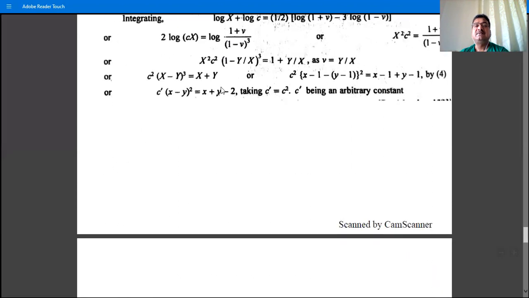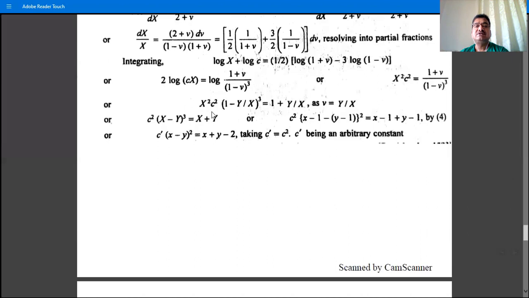So substitute v as y by x, and then we have the simplification, c square, then x square as LCM, so x cube, then x square get cancelled, so we have x minus y bracket cube divided by x cube, and this x square get cancelled, we have x, and shift that x to RHS, and so we have 1 plus y by x, means x plus y divided by x, and that x's get cancelled, so x plus y as RHS, and then substitute this capital X as small x minus 1 and capital Y as small y minus 1, and we have this step.